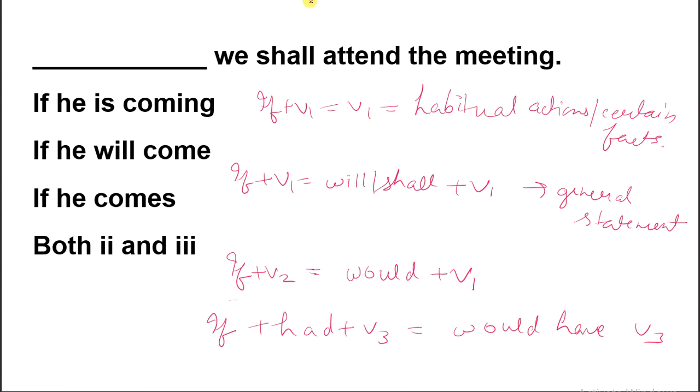If plus V2 equals would plus V1, if plus had plus V3 equals would have V3. What we have here is dash we shall attend the meeting. Here I am having shall plus V1, so for this condition I have to go for if plus V1. So my right answer is option C: if he comes, we shall attend the meeting.